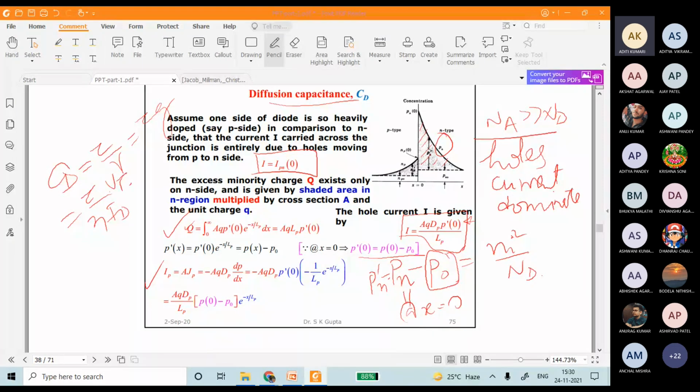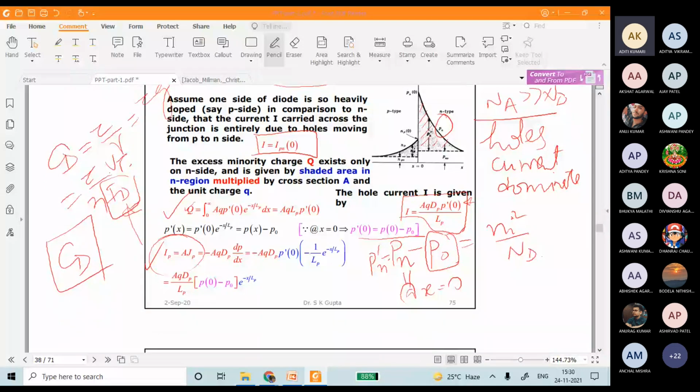So in place of this Id, we can compute the current from these equations and substitute, and we can compute the CD. This is how we can compute the diffusion capacitance.